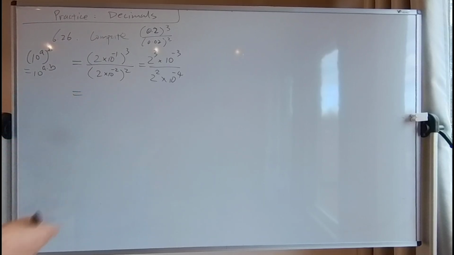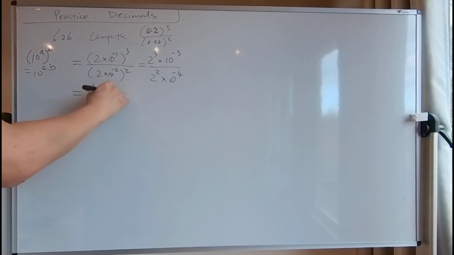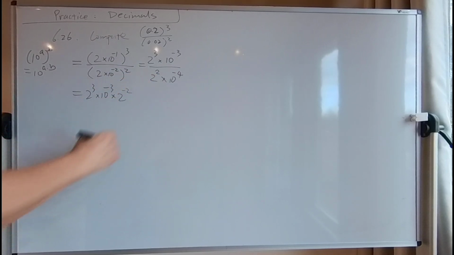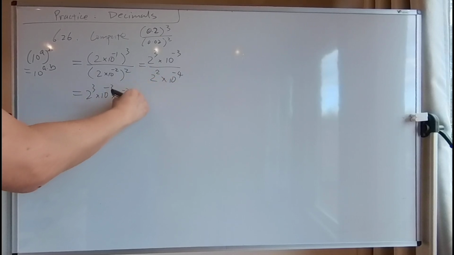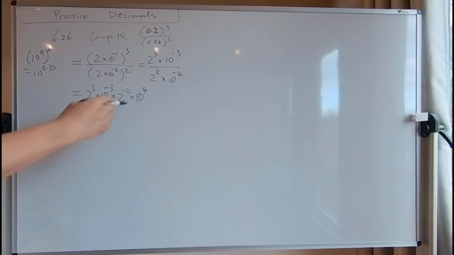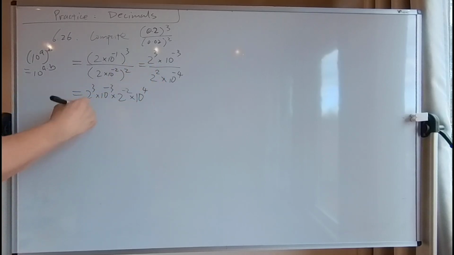And then you can either start the cancellation, or you can further rewrite the fraction with a negative power, right? Divided by 2 squared means multiplying by 2 to the power of minus 2. This is equivalent to multiplying 10 to the power of 4, right? By changing the sign of the exponent.